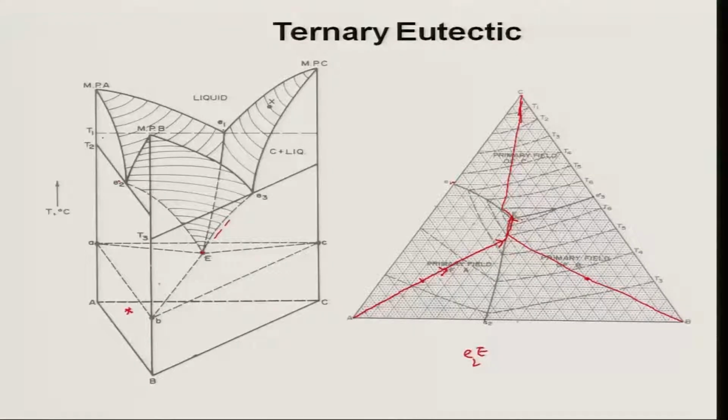In the second case, first A or B or C crystallizes, followed by crystallization of two components together, like A and B or B and C or C and A, depending on which binary curve it meets, E2E, E3E or E1E. And finally, the final liquid will solidify as a ternary eutectic.